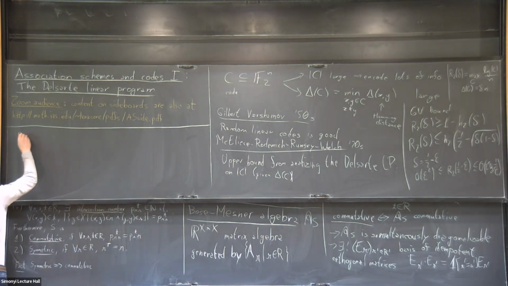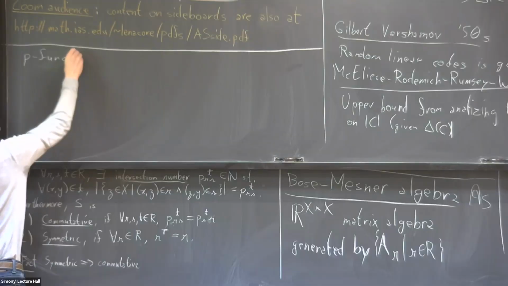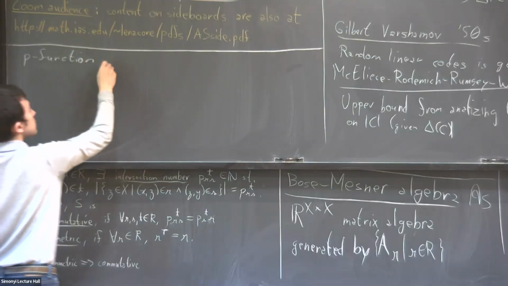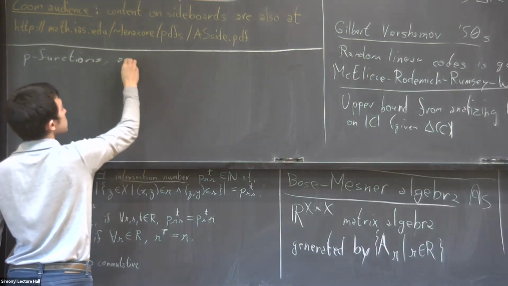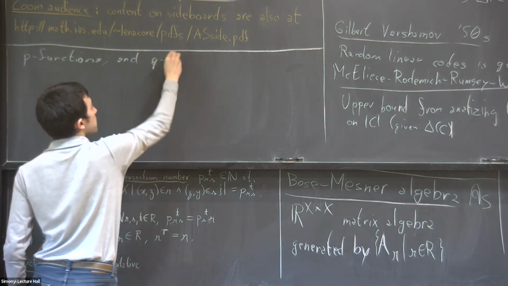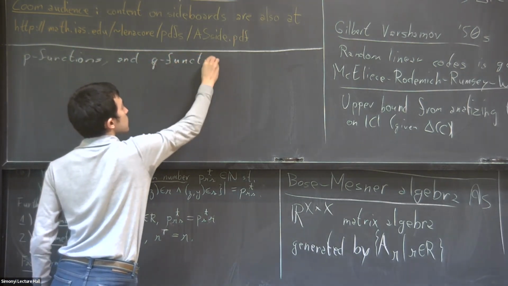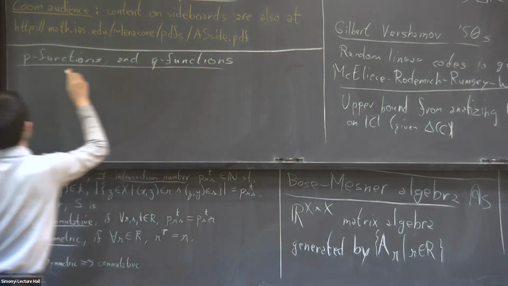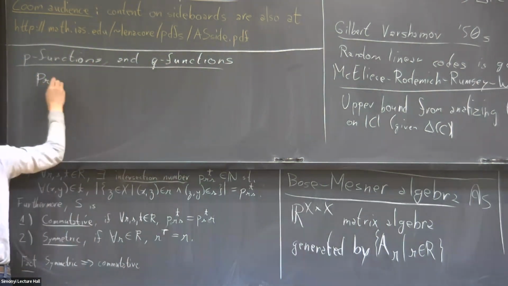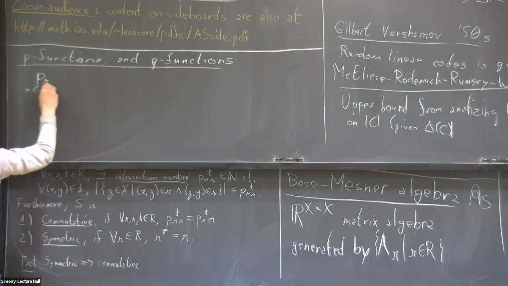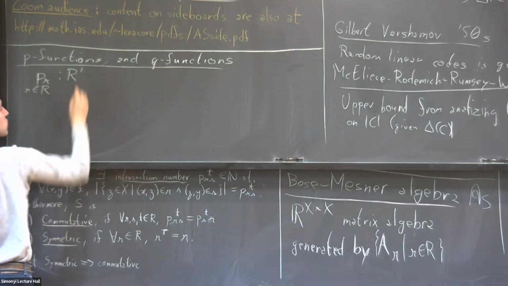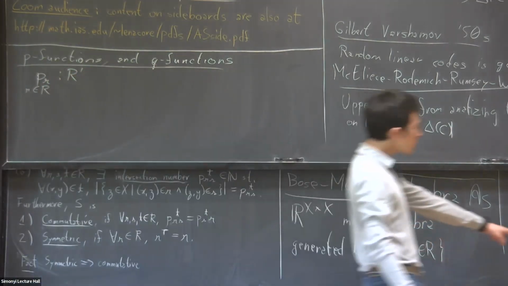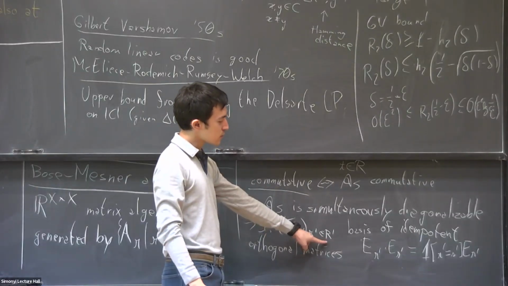These are what are called the P functions and Q functions. And what are these? Well, the P functions are going to be indexed by relations, and they're going to go from this sort of, you want to think of this as a set of dual relations.